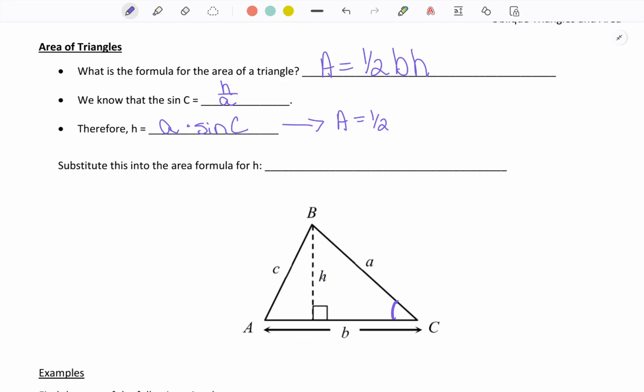So instead we would have 1/2 base times A sine C.